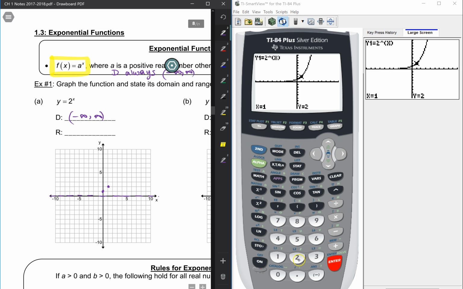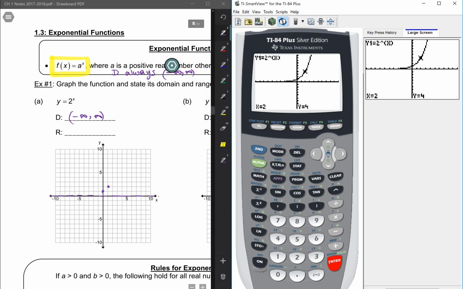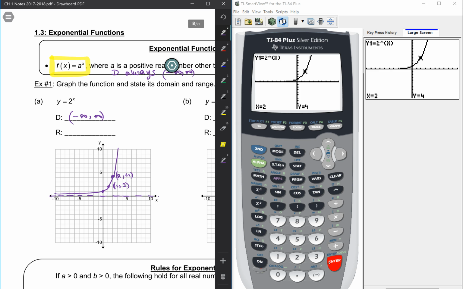And then I just give it another number, like x is 2, y is 4. Okay? And go ahead and label those, 2, 4. 1, 2, okay? When it does say specifically to label 2 points or 3 points, you are going to have to label them.